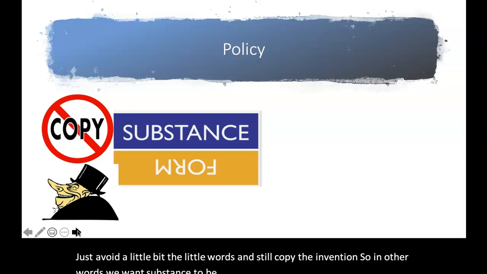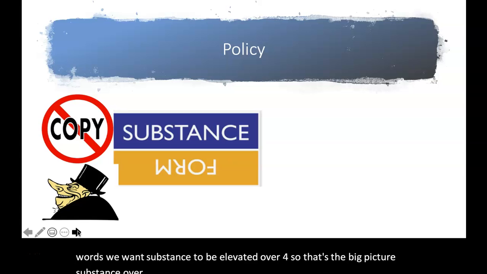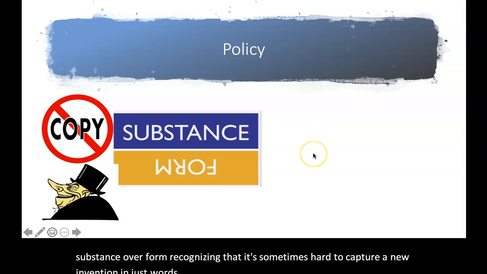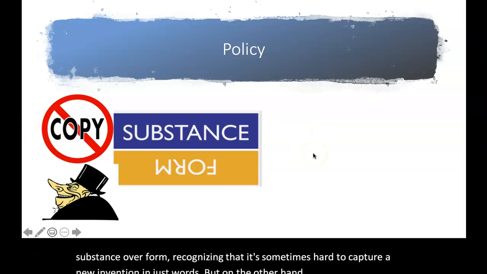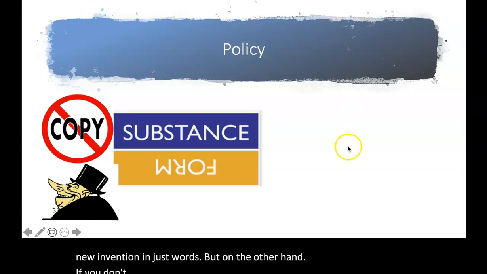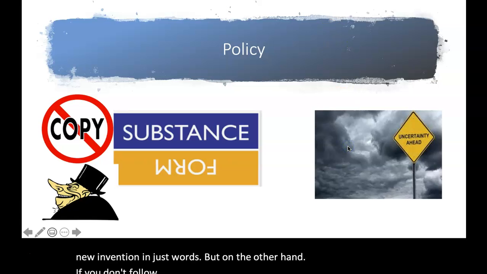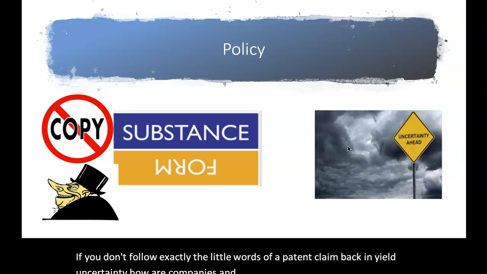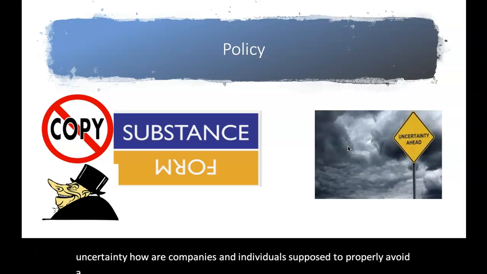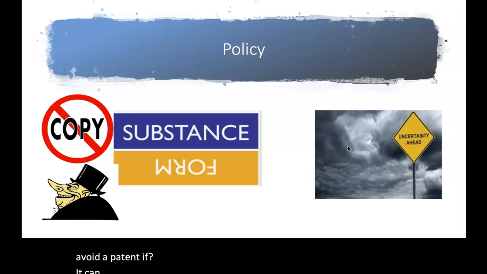So that's the big picture, substance over form, recognizing that it's sometimes hard to capture a new invention in just words. But on the other hand, if you don't follow exactly the literal words of a patent claim, that can yield uncertainty. How are companies and individuals supposed to properly avoid a patent if it can mean something that's not in the literal words?